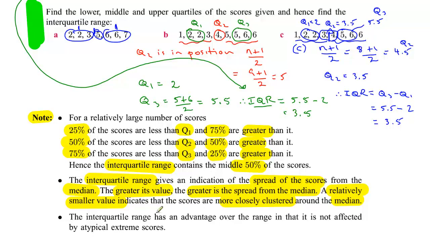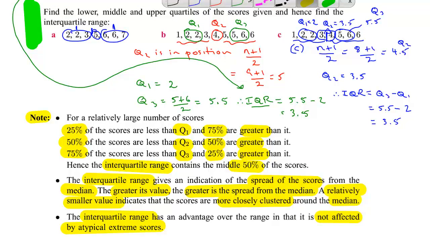And then finally on this page, the interquartile range is very important because it is not affected by what we call atypical extreme scores. You might remember a name for these: they are called outliers. Sometimes you don't want to include outliers in your range calculations.